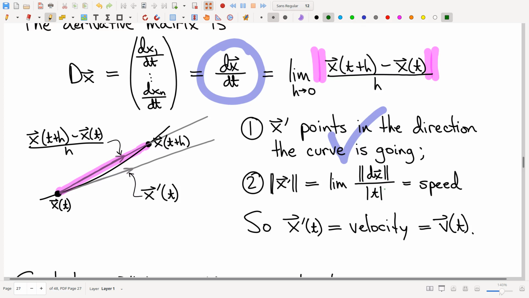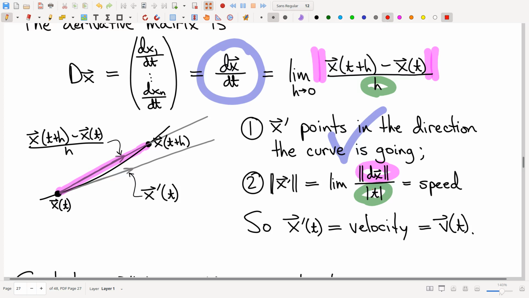That's the distance. This denominator here says how much time has passed. That's the elapsed time between moment t and moment t plus h. Right? Oh, typo.